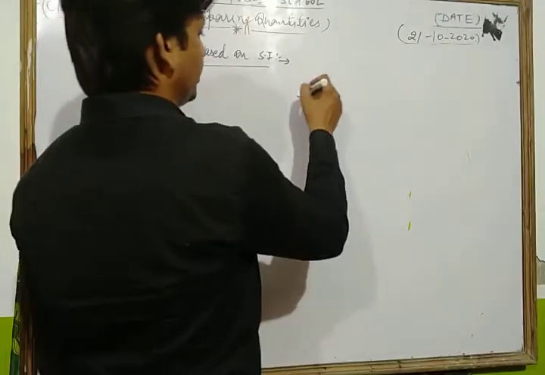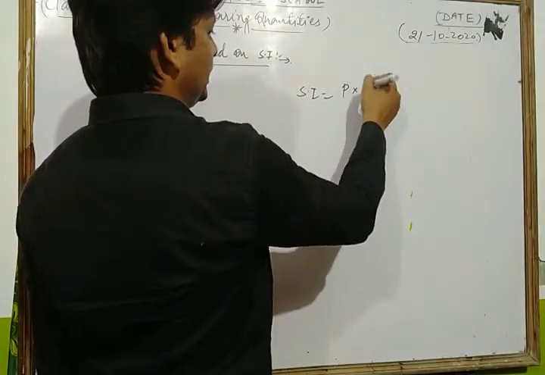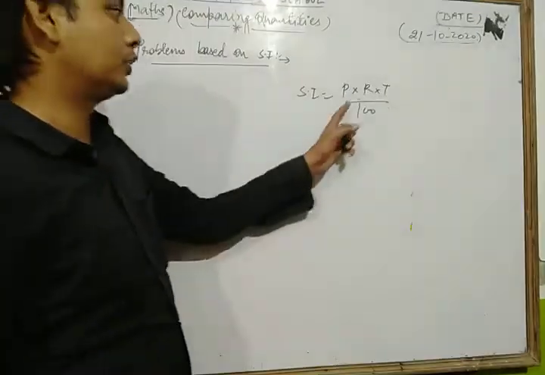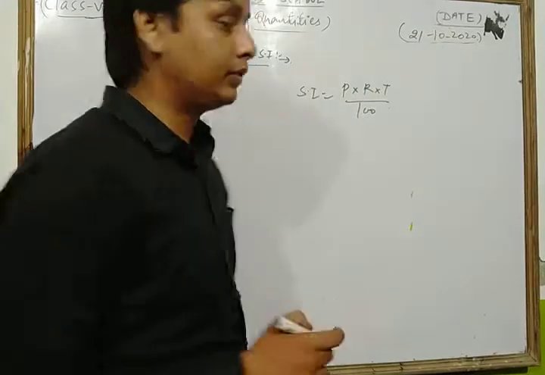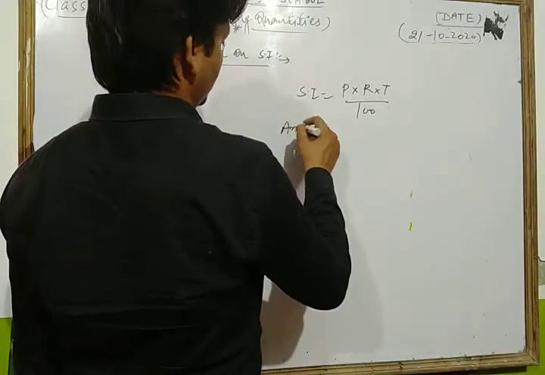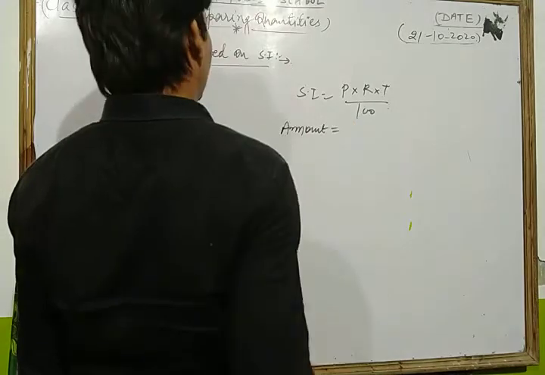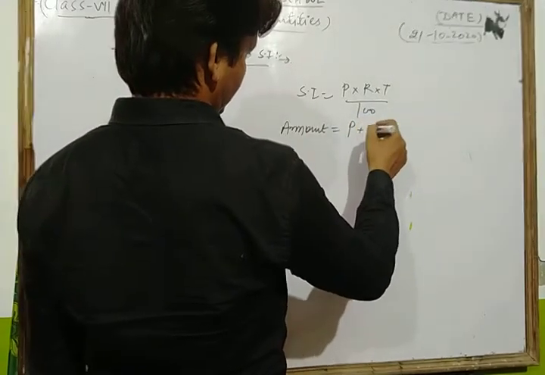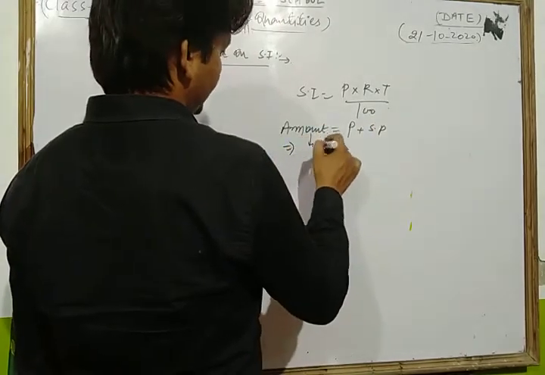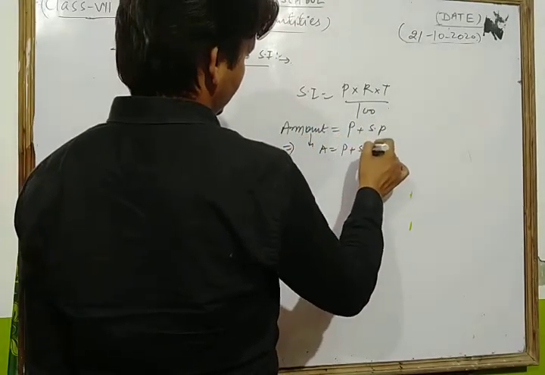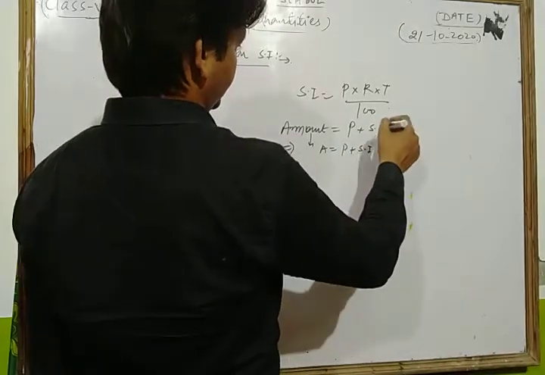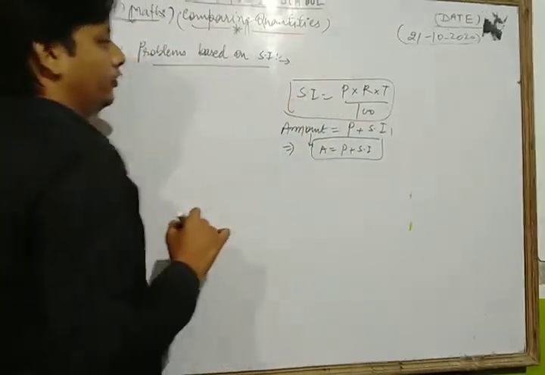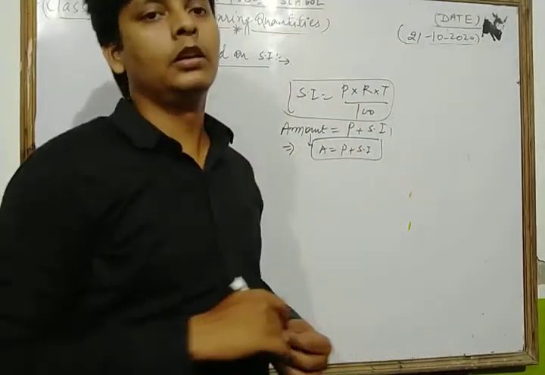First, the formula for simple interest is P into R into T upon 100, means principal into rate into time upon 100. And second, amount A is equal to principal plus simple interest. So A is equal to P plus simple interest. These are two important formulas related to simple interest.